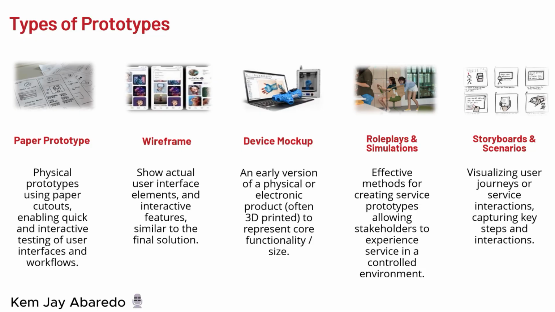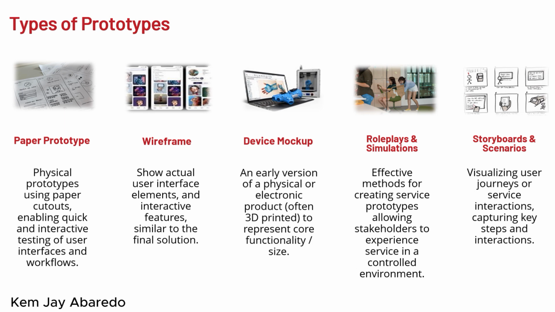So, types of prototype. Prototypes come in many shapes and sizes. The type you choose depends on what you need to test. For example, paper prototype: a physical prototype using paper cutouts, enabling quick and interactive testing of user interface and workflow.